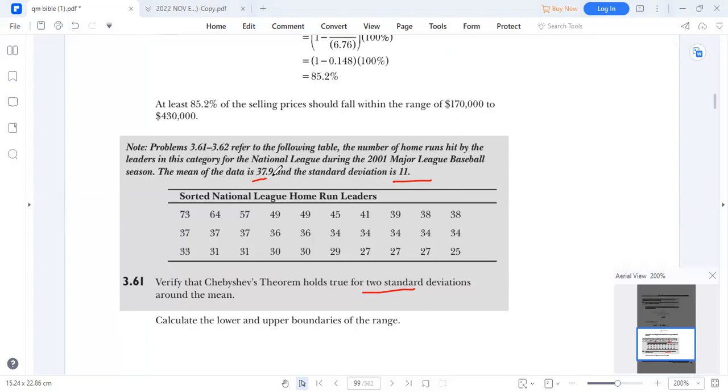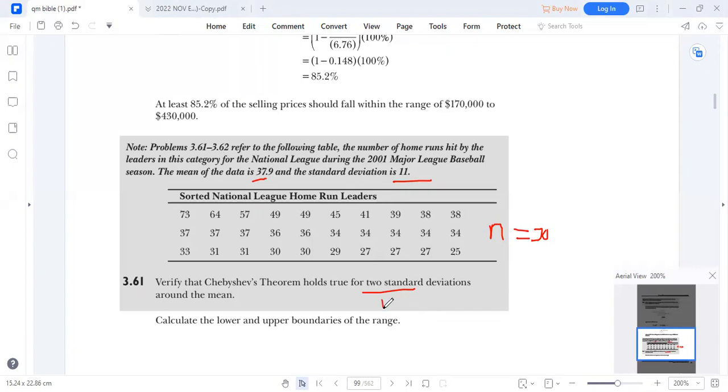So we are given a mean of 37.9 and standard deviation of 11, and the data set has been given as follows. These runs are in total 30 observations. We are being asked whether Chebychev is true for 2 standard deviations.